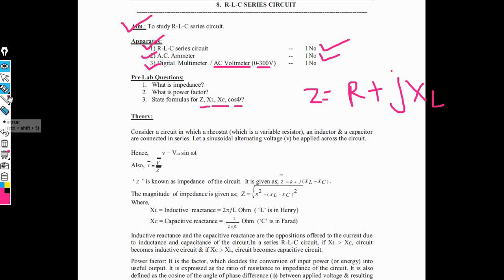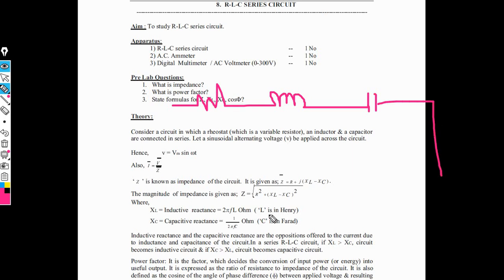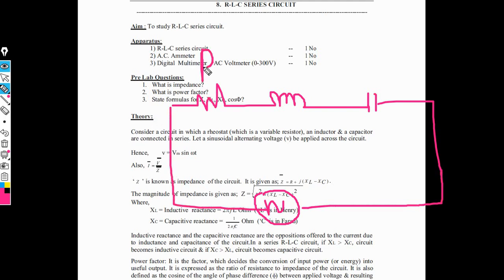They will be important in the RLC series circuit. This circuit consists of resistance, inductance and capacitance, and here we have used an AC supply. Then resistance R, L, C, and the voltage across them, VR, VL and VC.